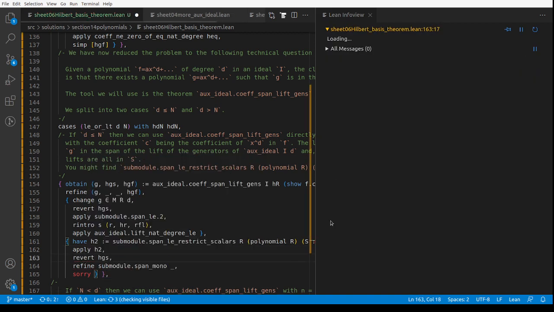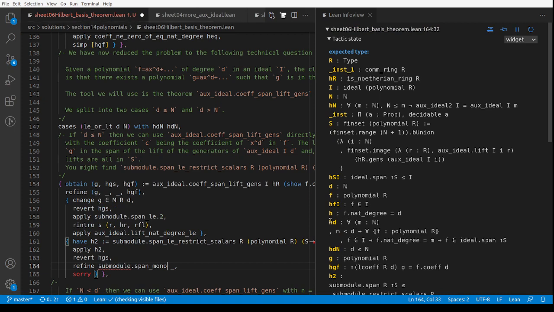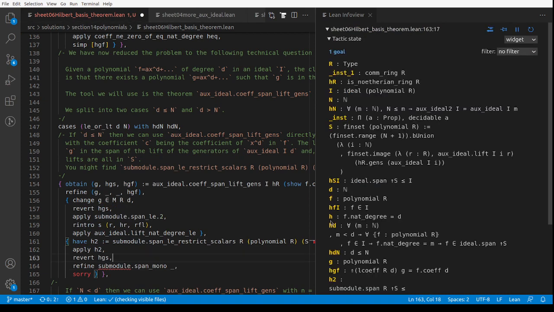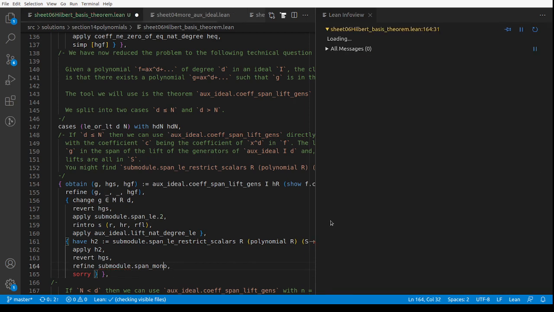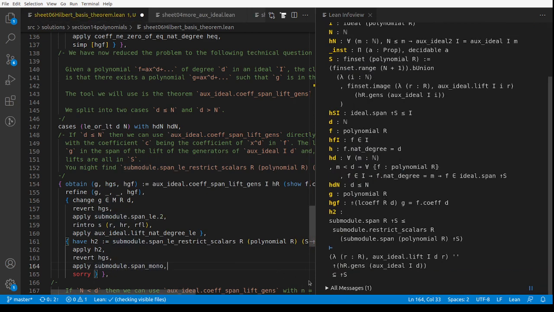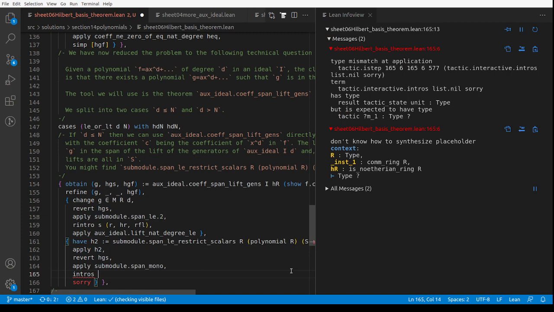Revert HGS now. And now does this work? Oh, how annoying. Come on, why can't I get this to work? Let's apply it then. Ah, bingo. And so now I've got to prove, wonderful. So now I've got to prove that this thing is in S. So now it's all downhill now.